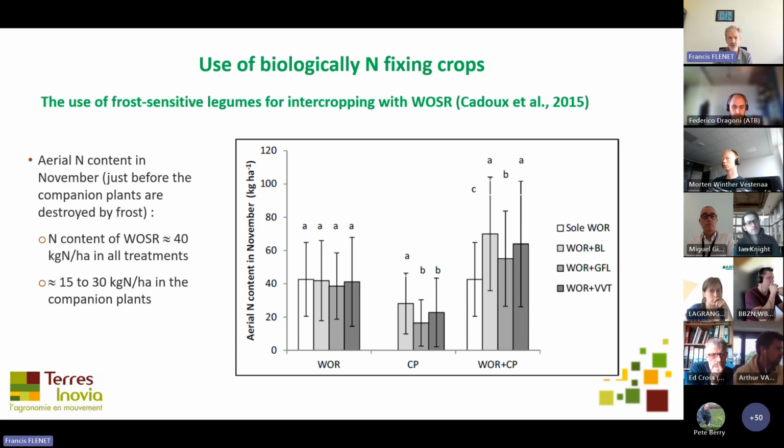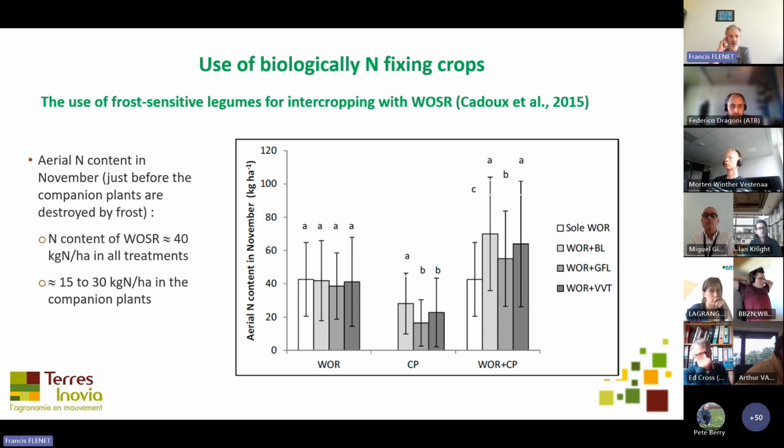This figure shows the aerial nitrogen content measured in November for winter oilseed rape, for the legumes, which we called companion plants, and for the addition of the two.